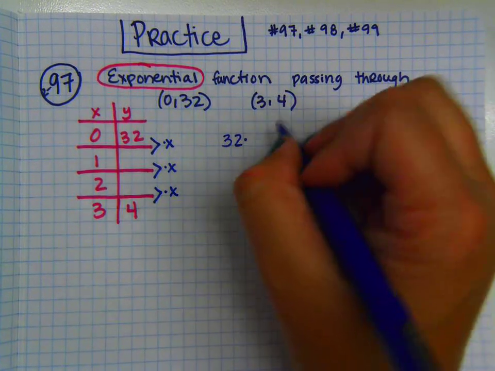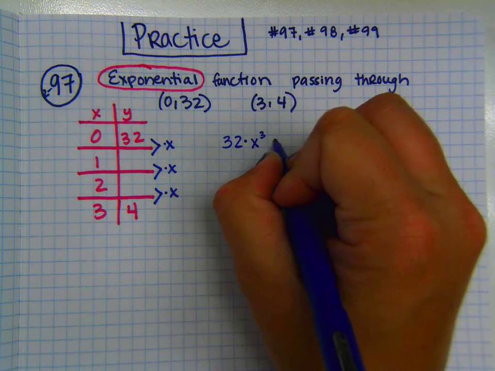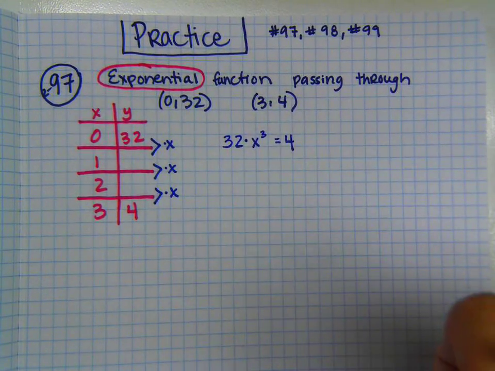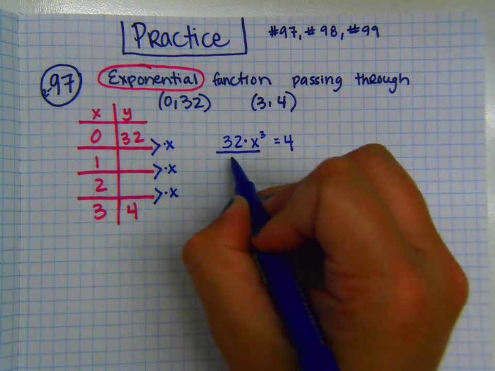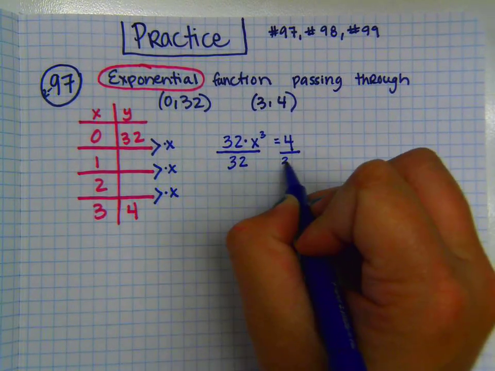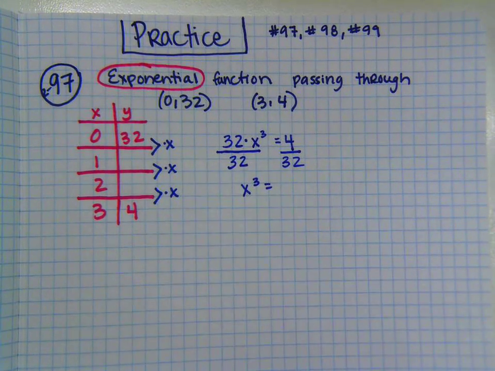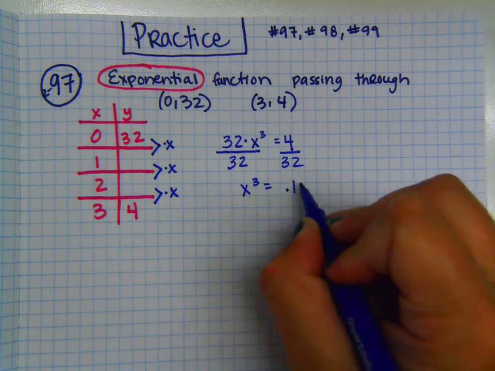You write it as x cubed equals 4. Now to solve for x cubed, I'm going to divide by 32. And I get x cubed equals, I'm going to put 4 over 32 in my calculator, 0.125.